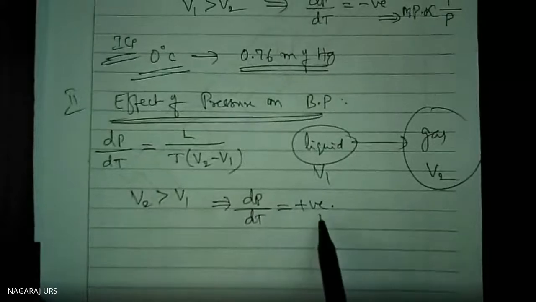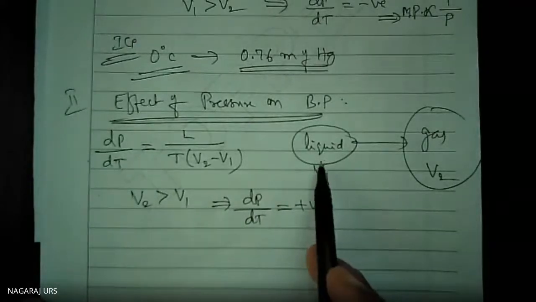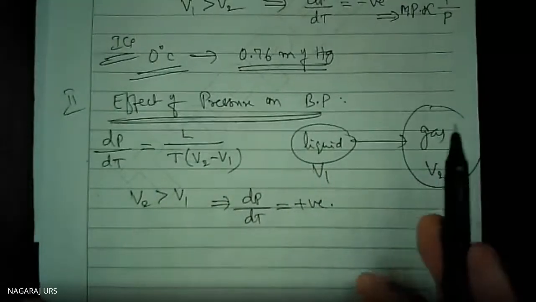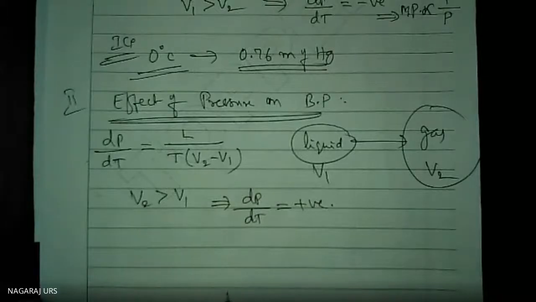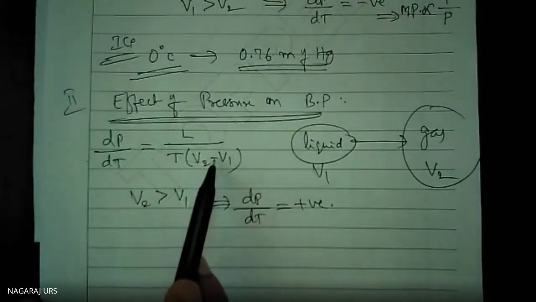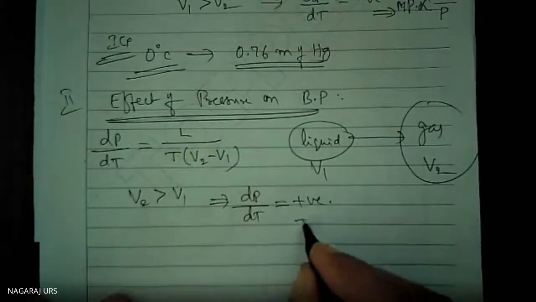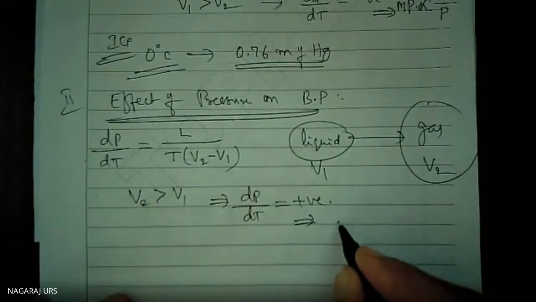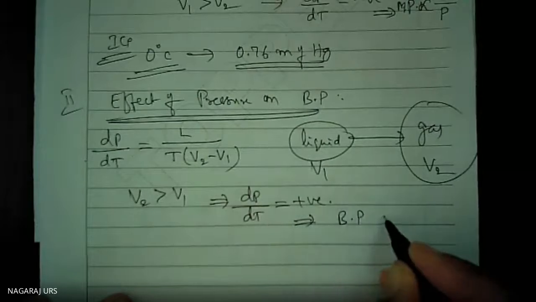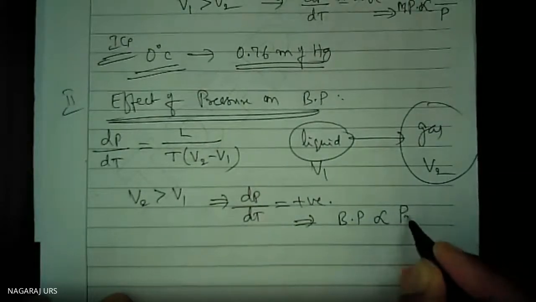Therefore, dP by dt is positive, because whenever the liquid state converts into the vapor state, the volume increases. As this is positive, the boiling point of a liquid is directly proportional to pressure.